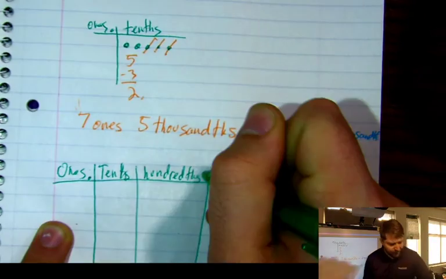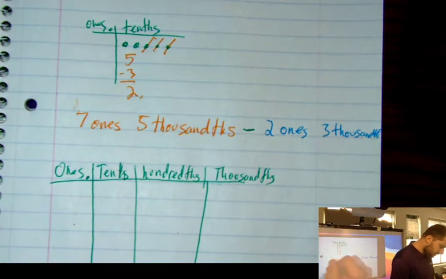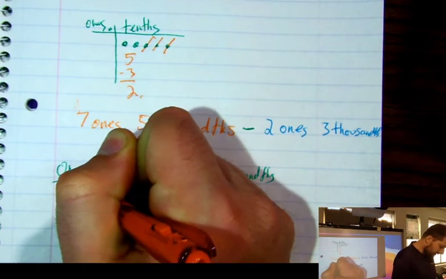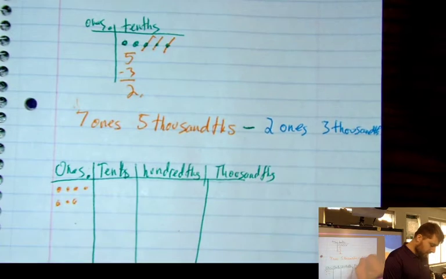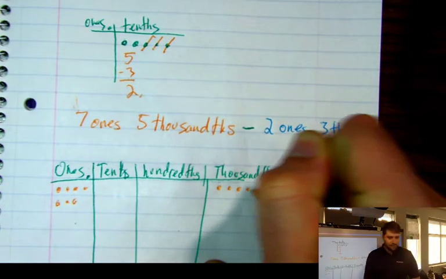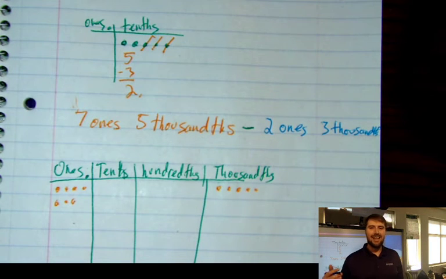All right, our orange number that is our starting number says that there are 7 ones, 1, 2, 3, 4, 5, 6, 7, and 5 thousandths, 1, 2, 3, 4, 5. Okay, and then our blue number that we are taking away is 2 ones and 3 thousandths.